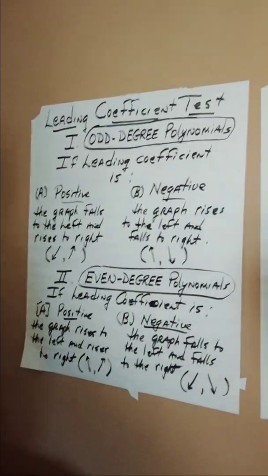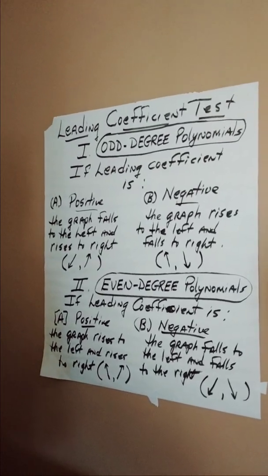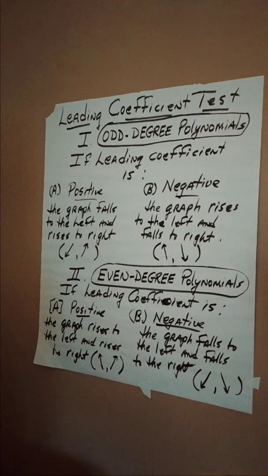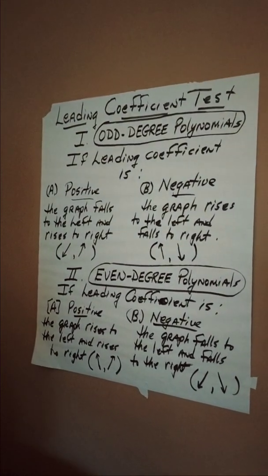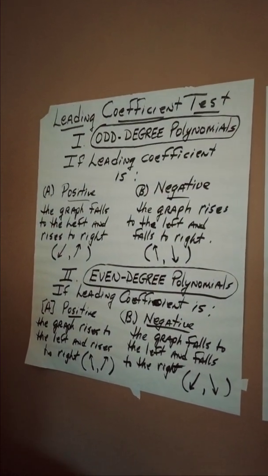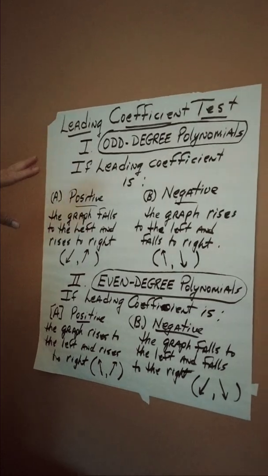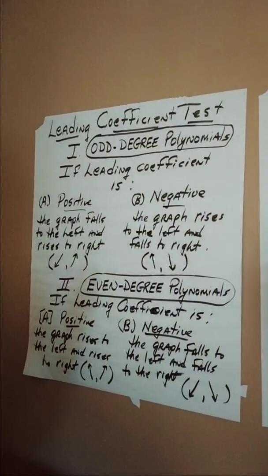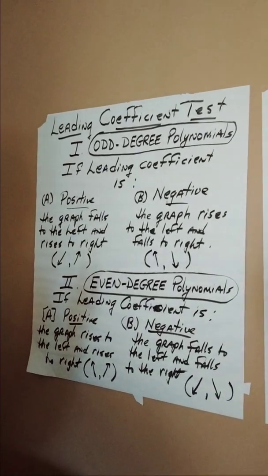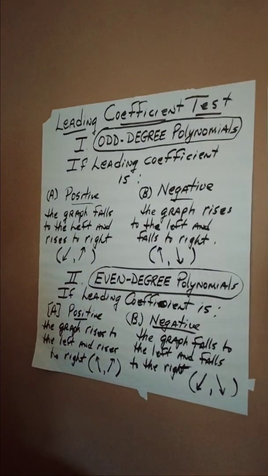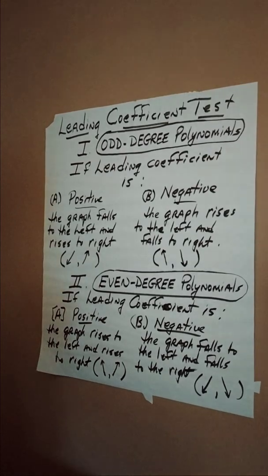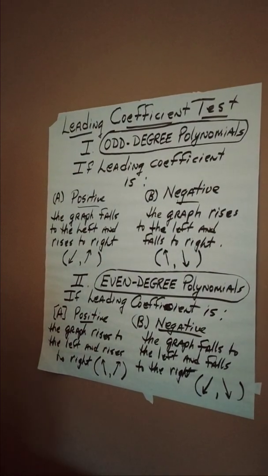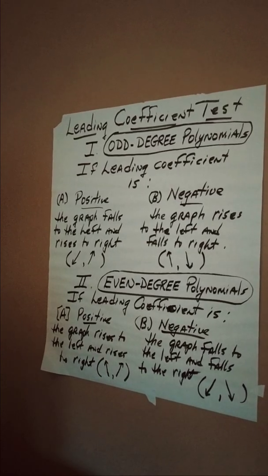It's a test that we apply. Just like we applied a vertical line test to determine if the graph of a relation was a function, there is a test that we can do without ever having the graph in front of us, no graph at all. We can apply a test that will determine what the end behavior of a polynomial function will be.